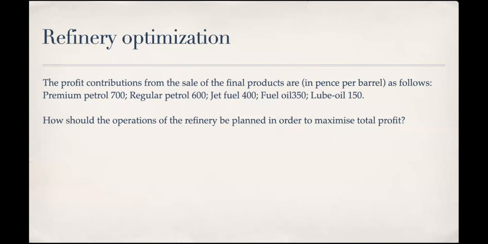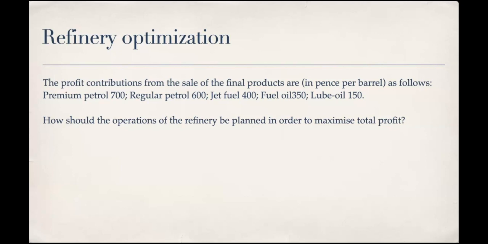For the distillation column, we take two streams, C1 and C2, and we have six downstream streams from the distillation column, encompassing light naphtha, medium naphtha, heavy naphtha, light oil, heavy oil, and residue, right?